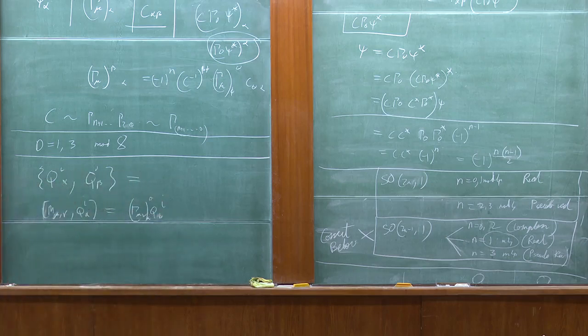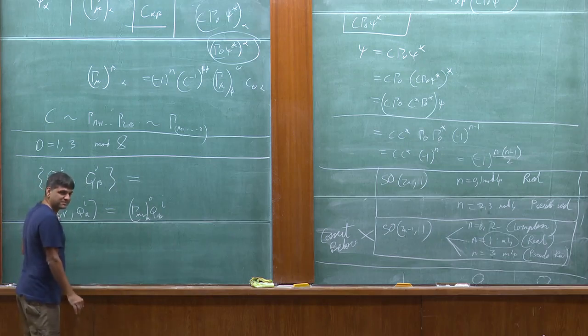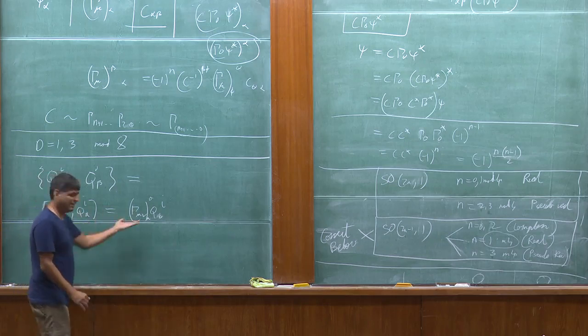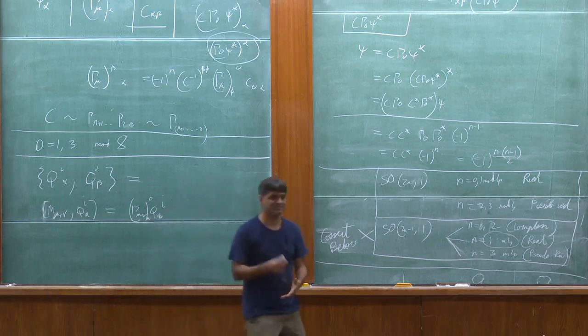This is what it means for them to be spinors. So the commutator with M, we're just going to assert, is this. This is the statement that they are spinors.